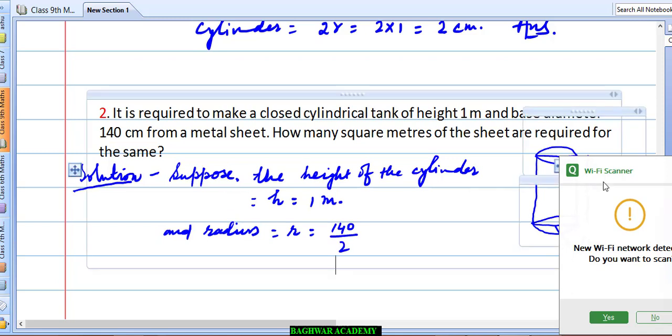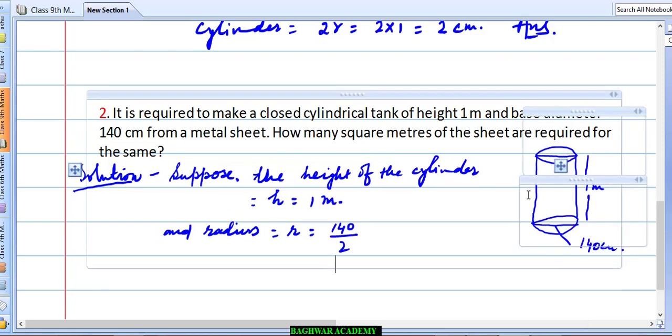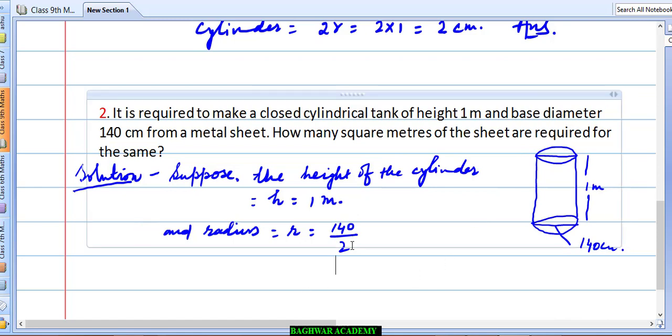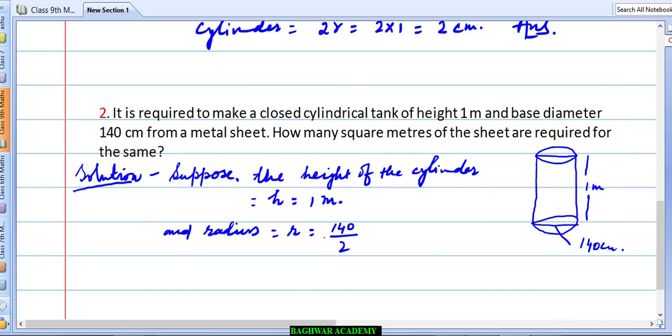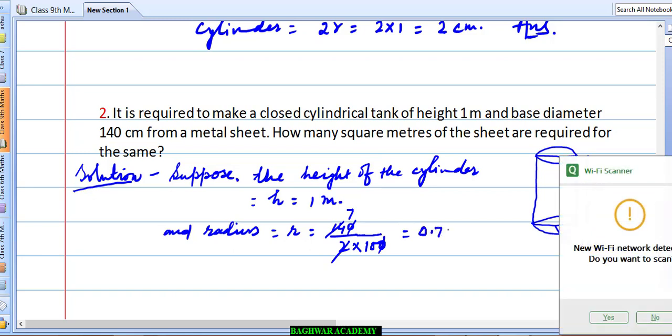As in the question, d is equal to 140, so this will be 140 by 2. Since this is in centimeter you need to convert it into meter, so we will write divided by 100. So finally you will get, 0 and 0 will be cancelled, 2 7s are 14, so this will be 0.7 meter.